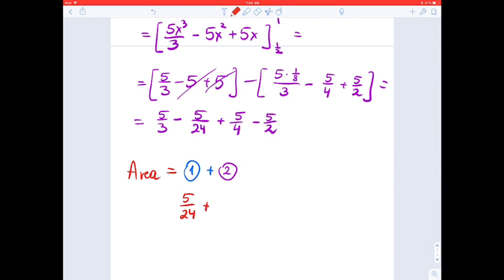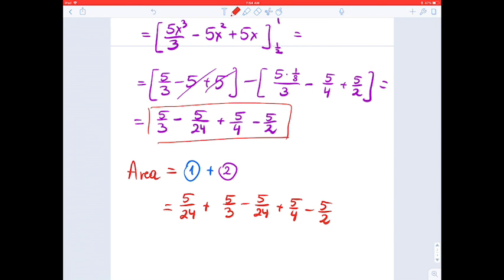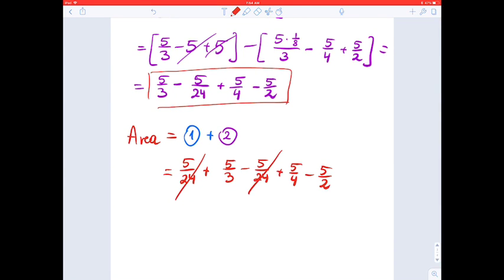The first one was 5 over 24, and then the second one was 5 over 3 minus 5 over 24 plus 5 over 4 minus 5 over 2. I'm just doing this because I'm not happy to add all of these fractions together. I mean, probably I have to, but I can at least cancel out this one. That's what I realize. Okay, 5 over 3, 5 over 4, 5 over 2.